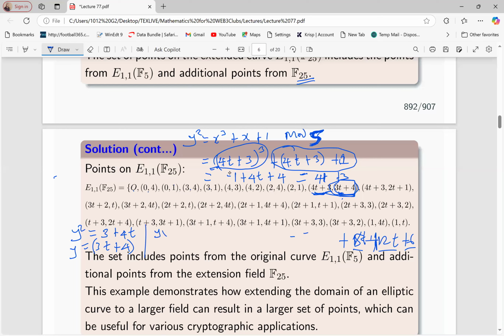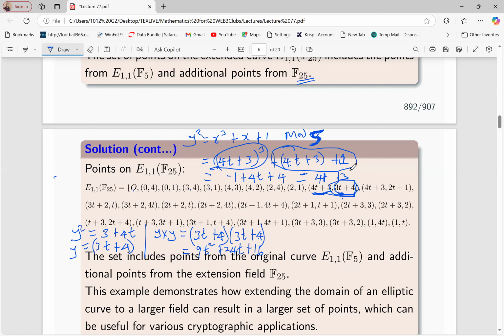So y times y is 3t plus 4 times 3t plus 4. When you do this, you have 9t squared, and then 12t, 24t, then plus 16. I just want to square it and see whether I get the y squared that I have there.